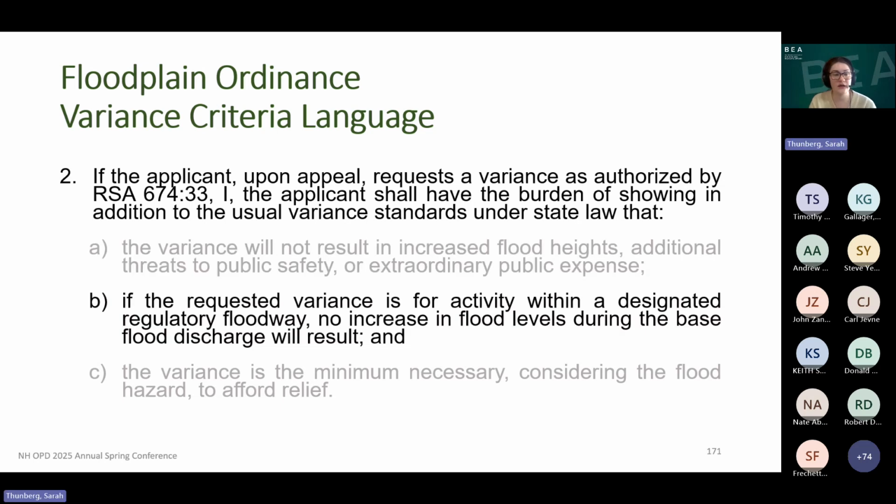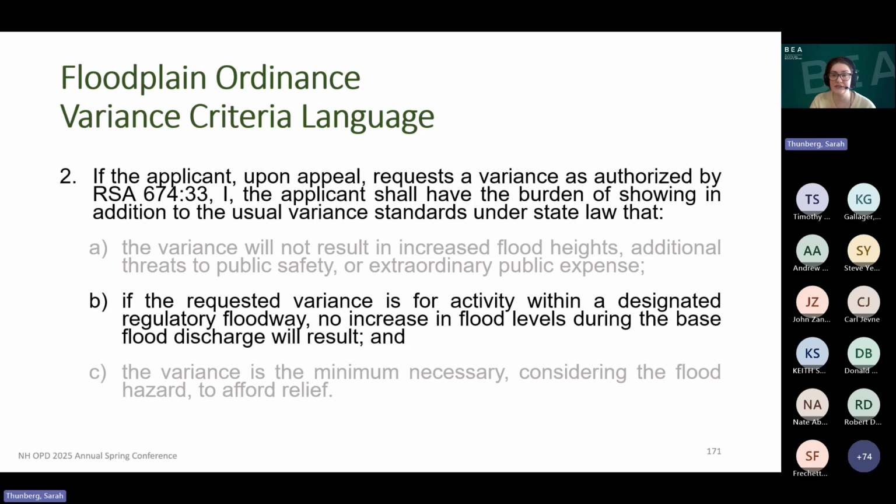So there is some specific language for floodways. The intent of this variance criteria is to prohibit development that may increase flood levels, which in turn can increase potential flood damage to the development and to structures of other property owners adjacent to the area.